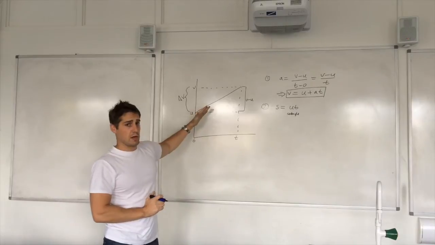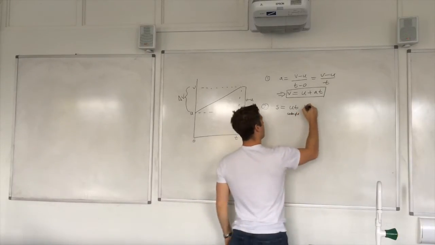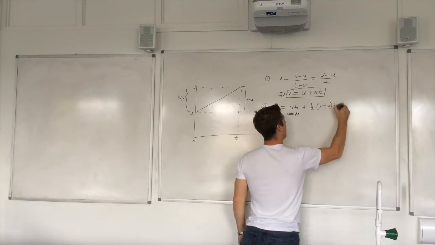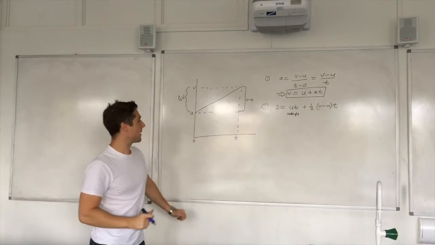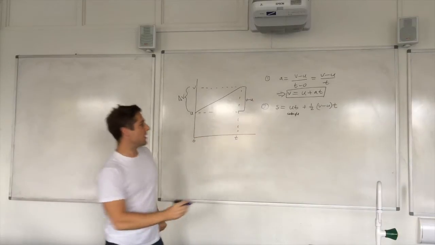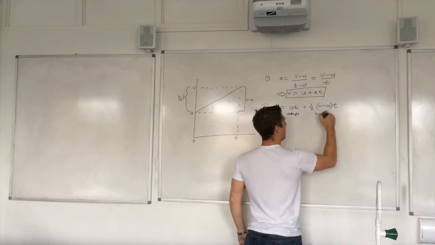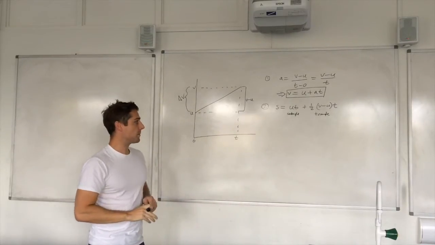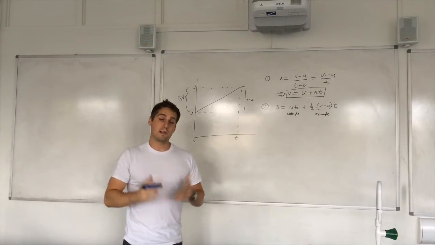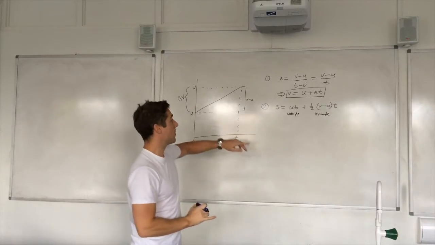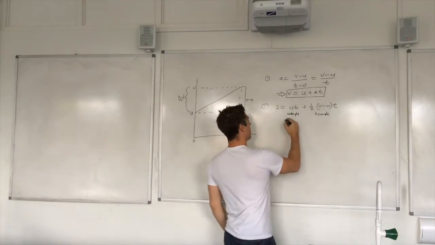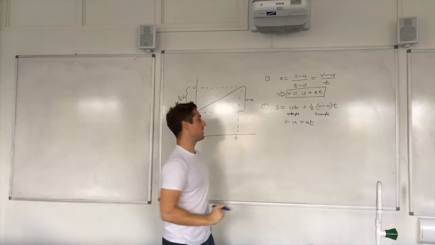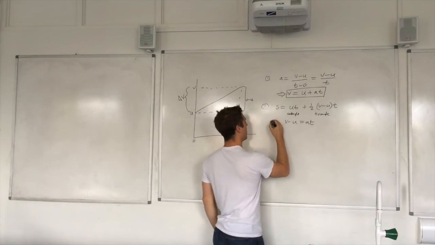Then this triangle is half of that, so plus a half V minus U times T. That's our expression there, and that's our triangle component. I then said we need to substitute for V minus U from equation 1. V minus U is equal to AT if you rearrange that equation, so we're going to substitute that in.